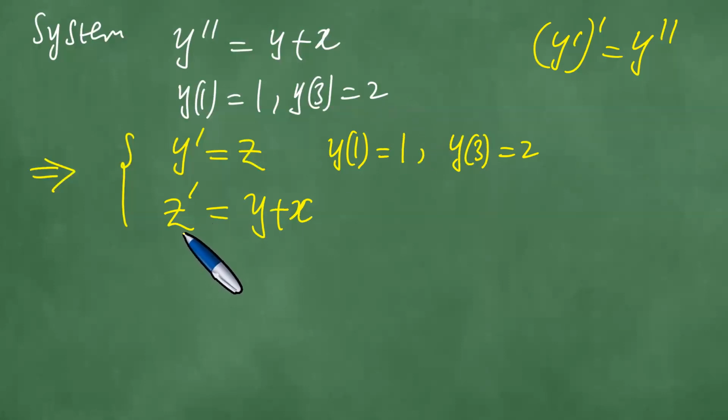But now for z, what are we going to have? For the y prime equals z, we have y at 1 equals 1, y at 3 equals 2. We would be interested in knowing a couple of things now. What is z at 1 here?